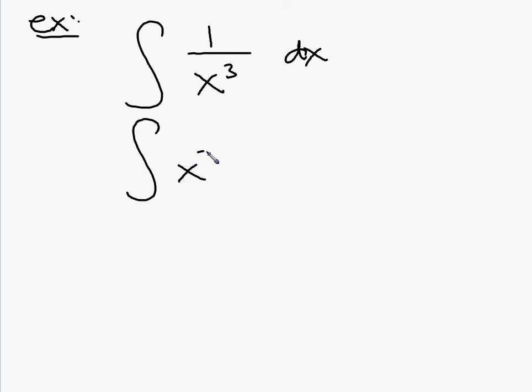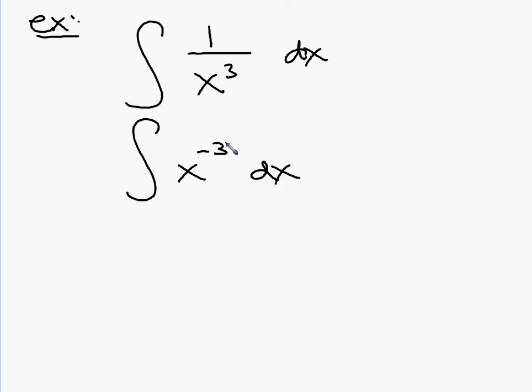Let's get to several examples now. Let's say that I have the integral of 1 over x cubed dx. Well, first things first, I've taught you never leave that thing written that way. Write it as a negative exponent, x to the negative third dx. Follow the rule that I just told you.